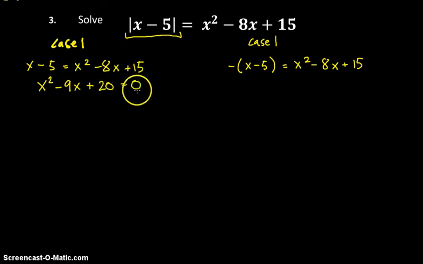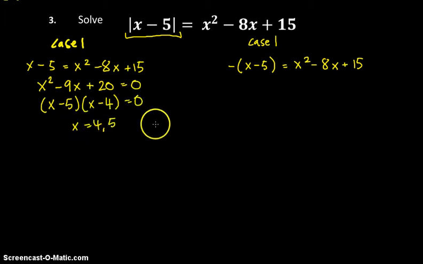Once again, I want to make it equal 0 because it's a quadratic, and then I can get the roots. What gives me negative 9 that multiplies together to give 20? A negative 5 and a negative 4. Therefore I have x equals 4 or 5.